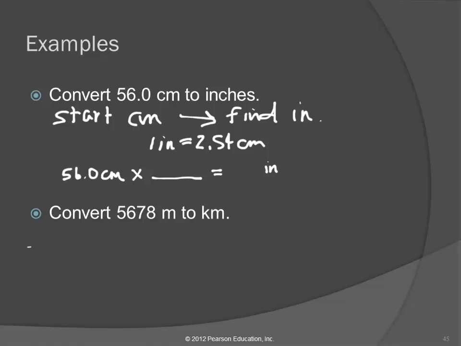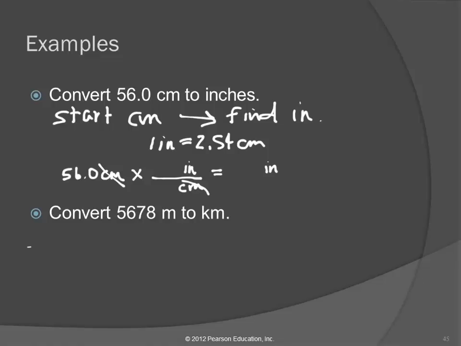So here we've got centimeters, we want inches on top over here. We want to multiply by inches because we want to end up having inches left. Centimeters is what we want to divide by because we want these guys to cancel each other out. We want the centimeters to go away. Centimeter divided by centimeter is 1, poof, it's gone.